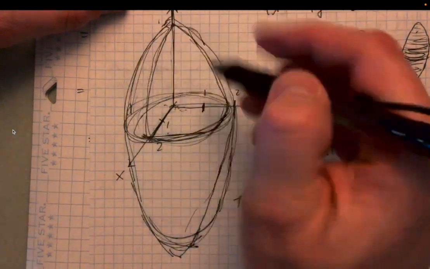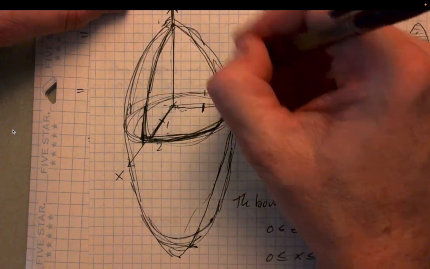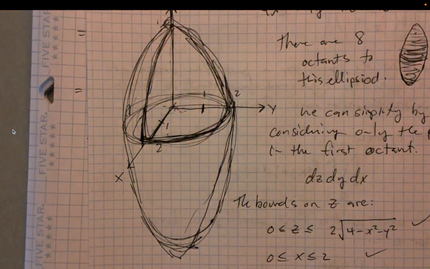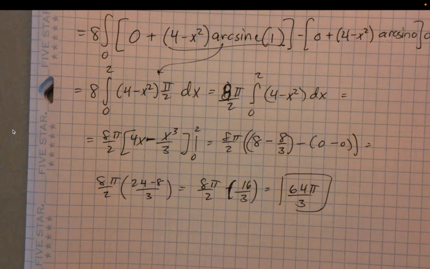We cut out this eighth of a section of the entire shape, figured out what the bounds are, set up the integral for just that 1/8 of the piece, and multiplied the whole integral by 8 because there's 8 such sections in this thing, and the result is 64 pi over 3. Okay. All right. Very good.